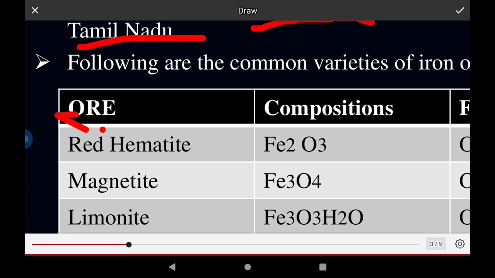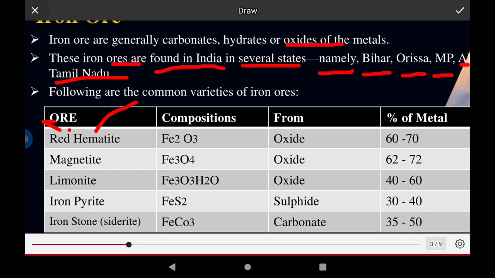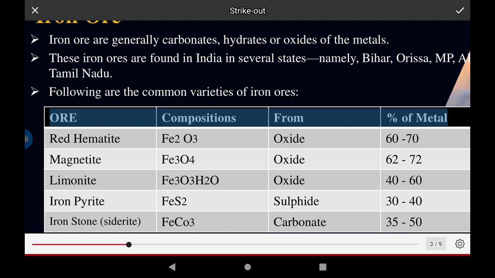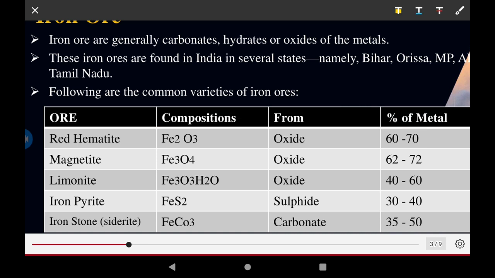Ore, composition, form, percentage of metal.